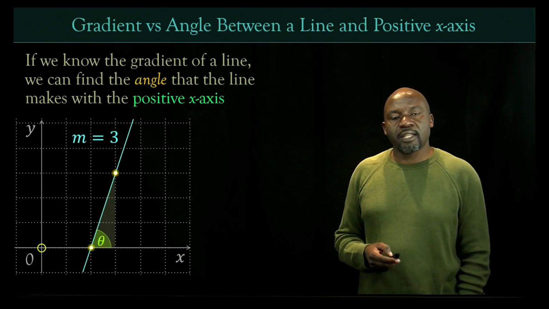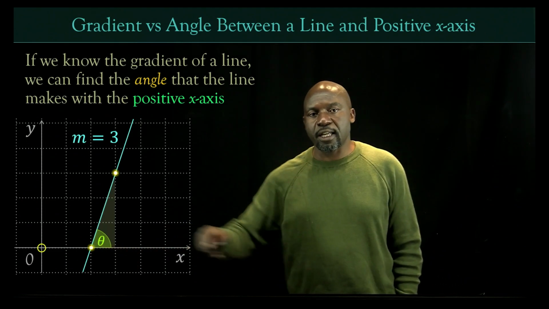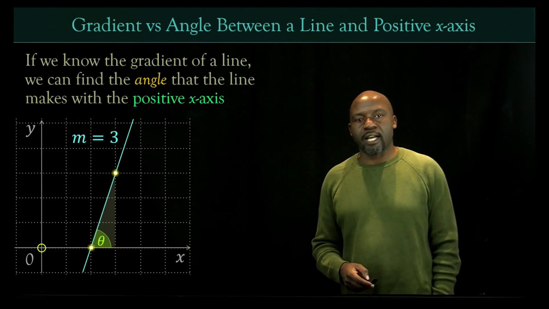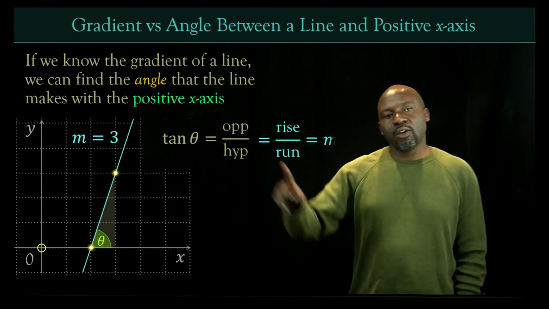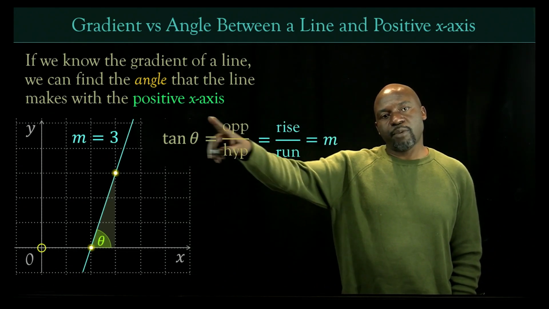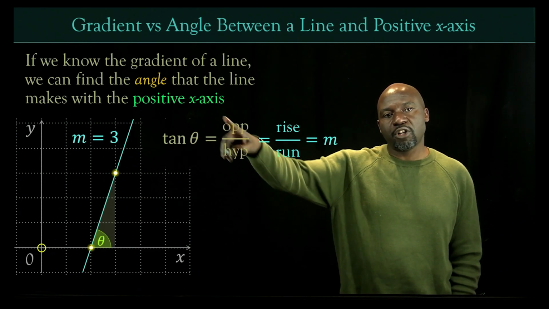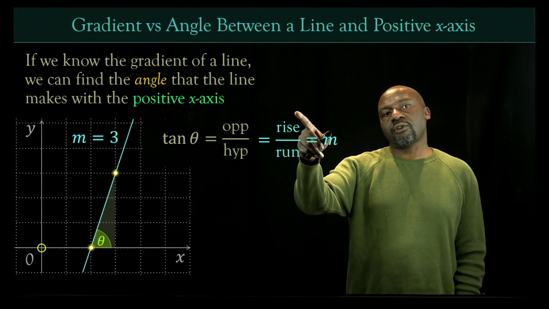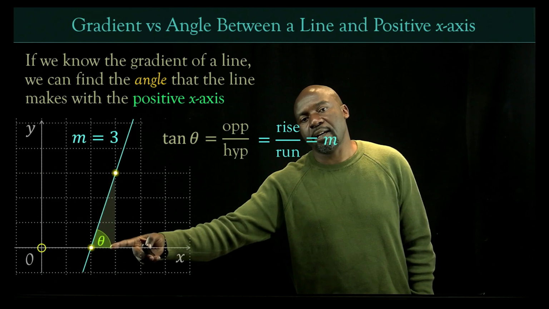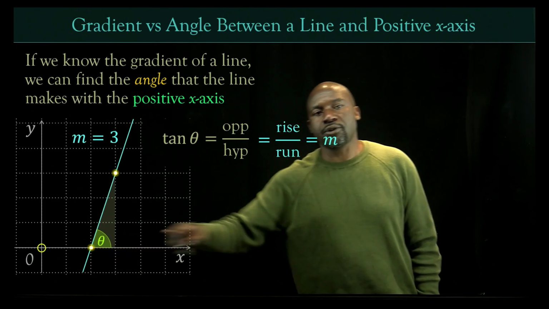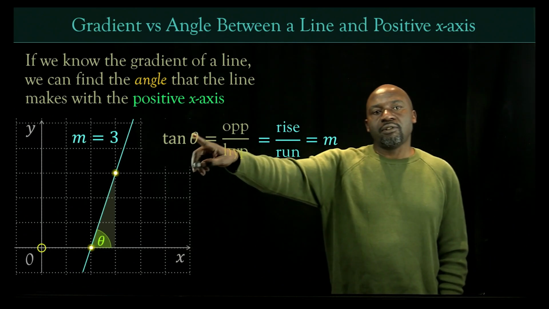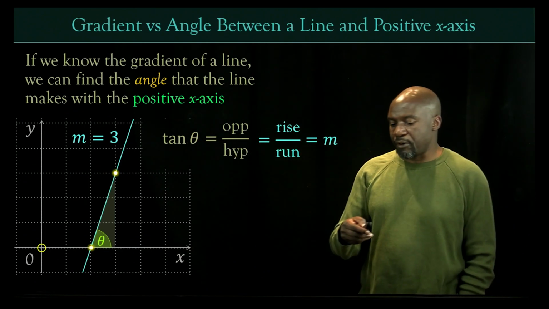So gradient is the same as the tangent of the angle that the line makes with the positive x-axis. The tangent of the angle is opposite over adjacent, which is also the rise over the run. The opposite is the rise, the adjacent is the run, and so the tangent of the angle is equal to the gradient of the line.